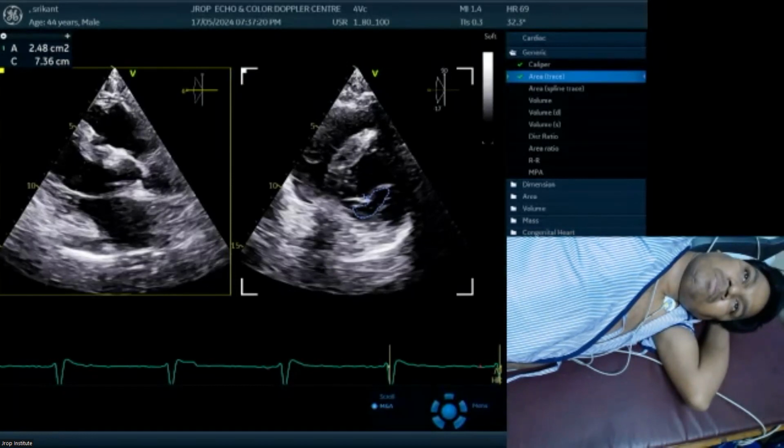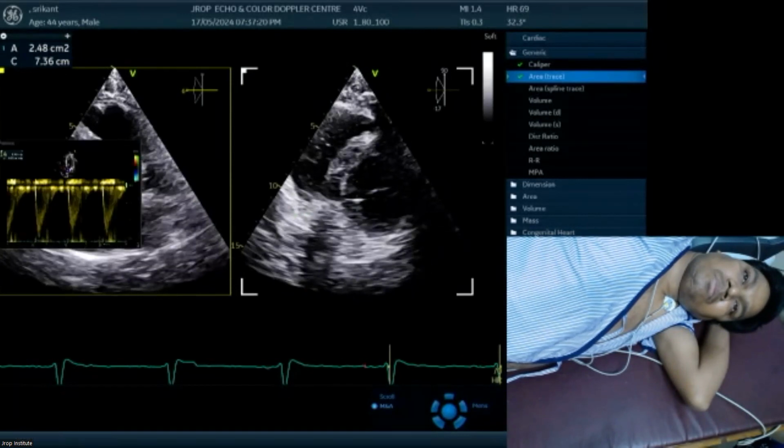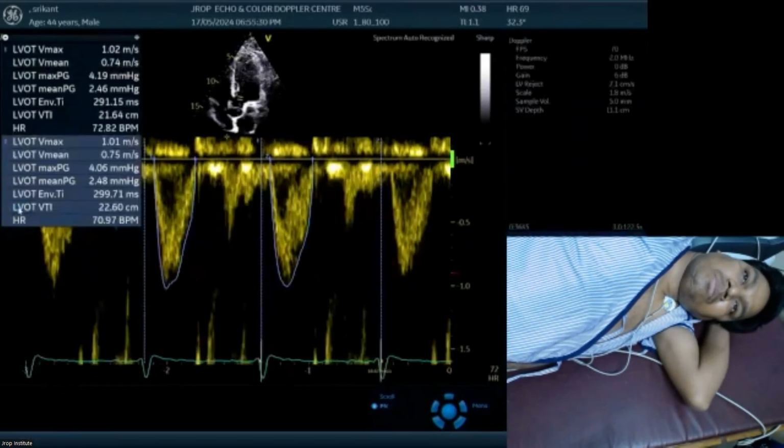VTI is the amount of distance blood traveled with every stroke. Look, if I'm using this VTI, it tells you that 22.6 centimeters is the distance the blood has traveled with every contraction of the LV.